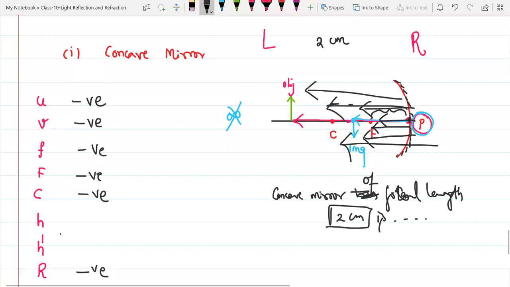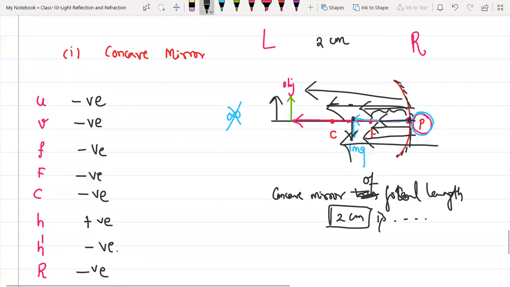Next, coming to height of the object, you see it is going from bottom to top. Bottom to top means that will be positive. And coming to height of the image, image is going from top to bottom, so negative.